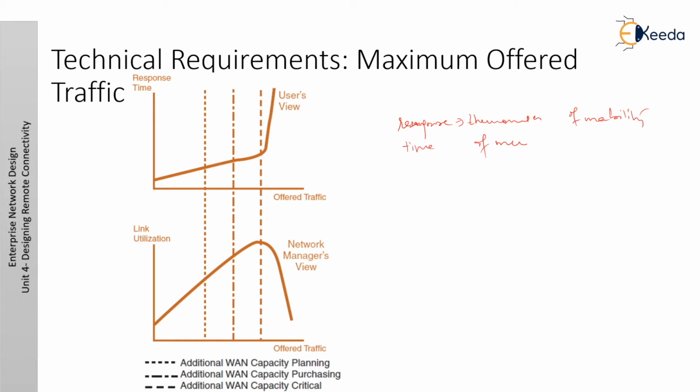Users perceive the data processing experience in terms of how quickly they can get their screen to update. They view the data processing world in terms of response time and do not usually care about link utilization. So this is very important: response time, and they are not bothered about link utilization relative to the offered traffic.